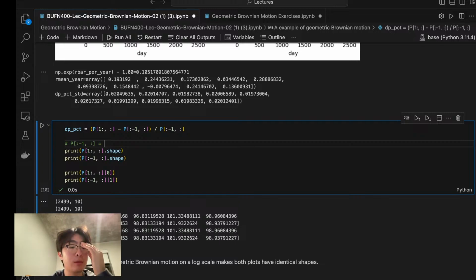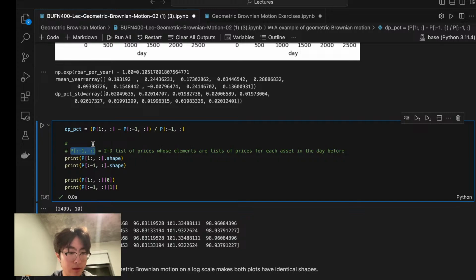Is equal to list, call this list of returns whose elements are the list of prices whose elements are lists of prices for each asset in the day before, right? So call it 1.